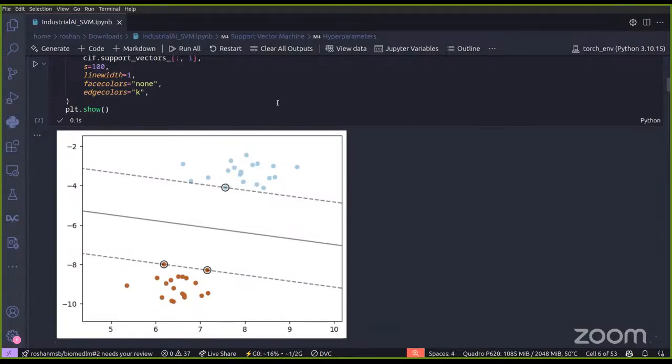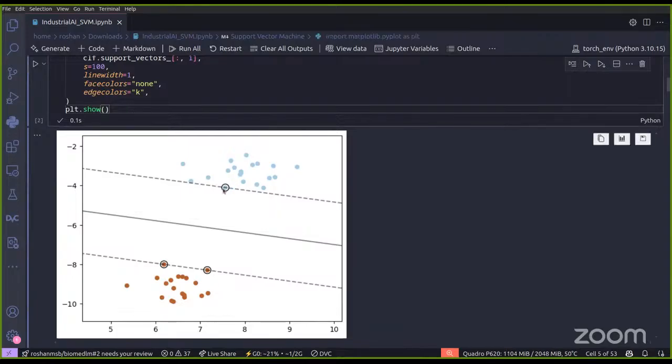So can anyone let me know from yesterday's lecture what these points highlighted in black are called? Actually, what are they called? I want to know what the dotted line here is. What is this line? What are the dotted lines? What are the points that are circled? Can anyone give me all those terms?